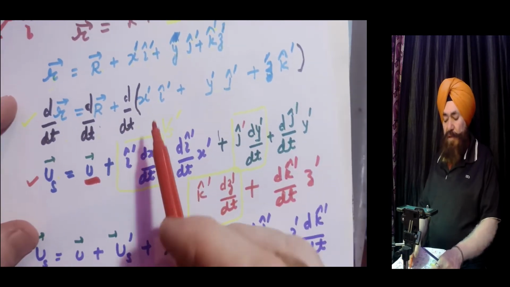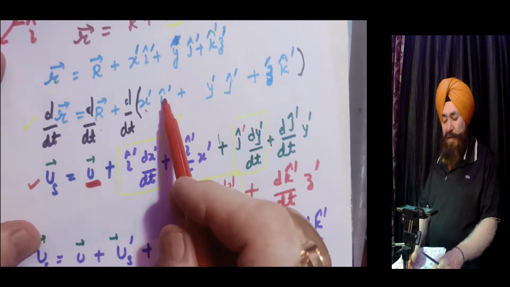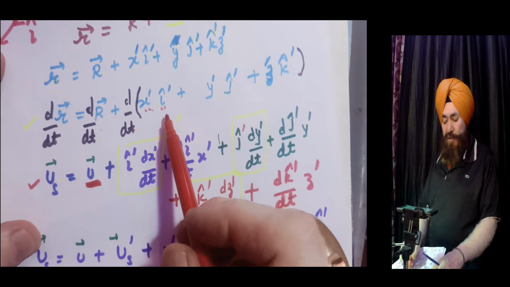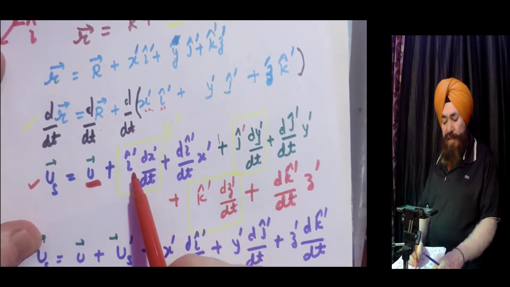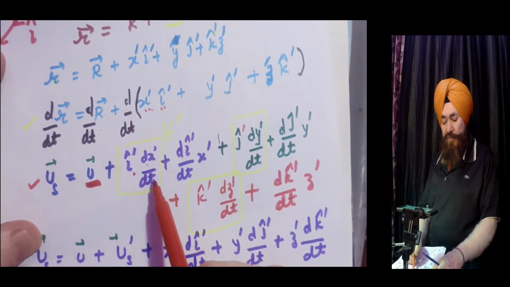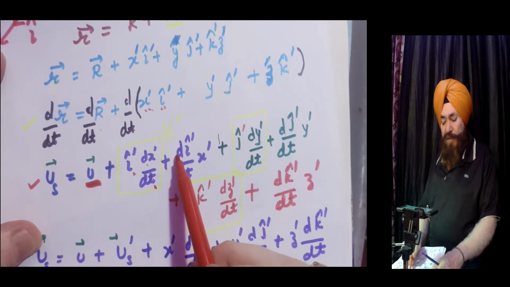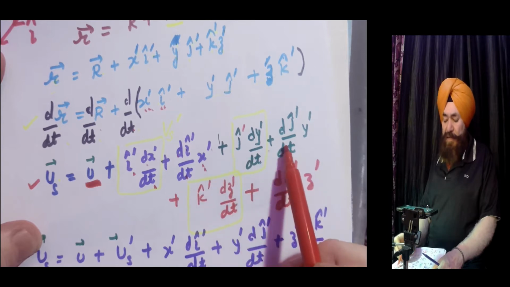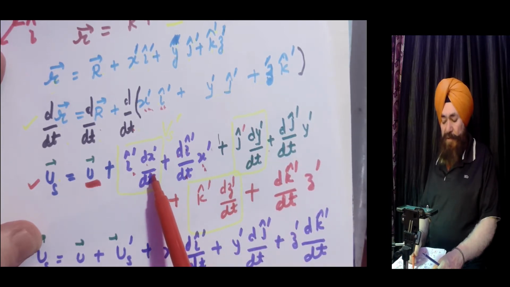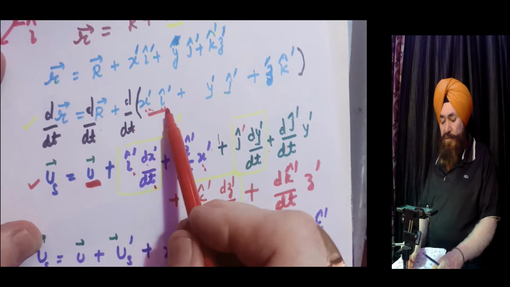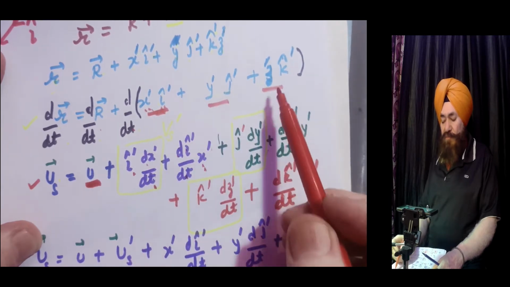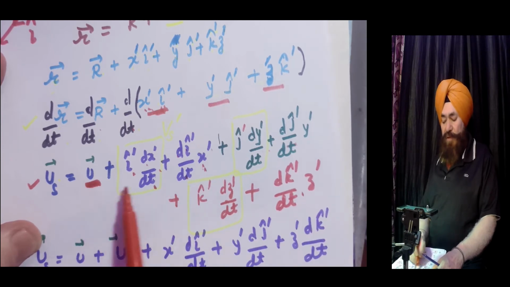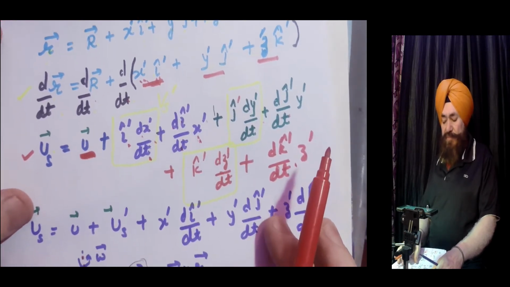Now x dash and i cap dash are both functions of time. So first function as it is, differentiation of second, differentiation of first, second as it is, like that. I have two terms for this, two for this, two for this: 1, 2, 3, 4, 5, 6. So this becomes the result.